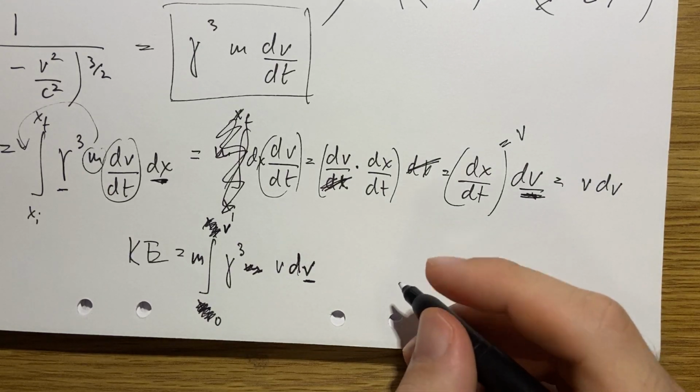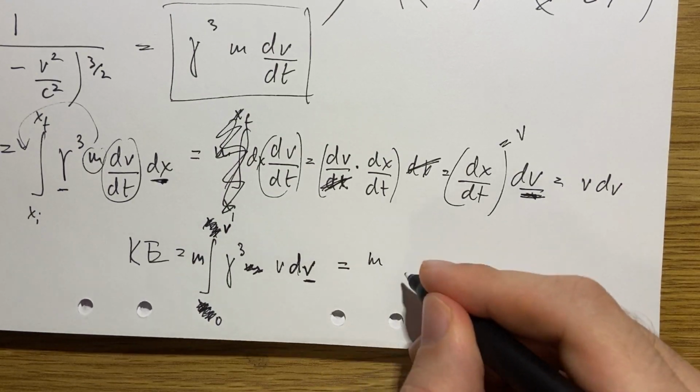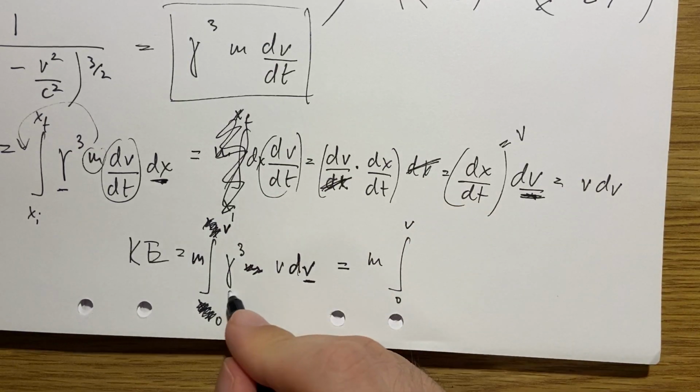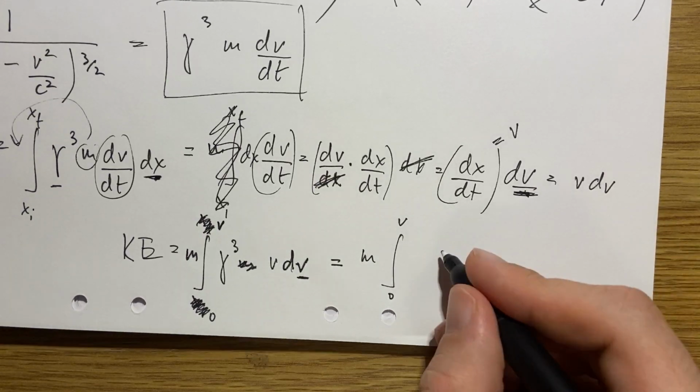All right, so what did we end up with? Well, we will end up with m0 times the Lorentz factor, let's write it out, see what happens.